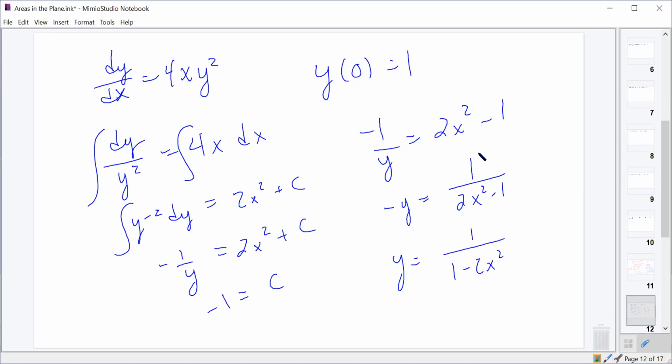And then for the interval of validity for that one, the denominator can't be 0. So that tells us that x squared can't be 1/2, or x can't be positive or negative square root of 1/2, which would be 1 over root 2. And since x equals 0 falls between positive and negative 1 over root 2, we'd say -1 over root 2 to 1 over root 2.